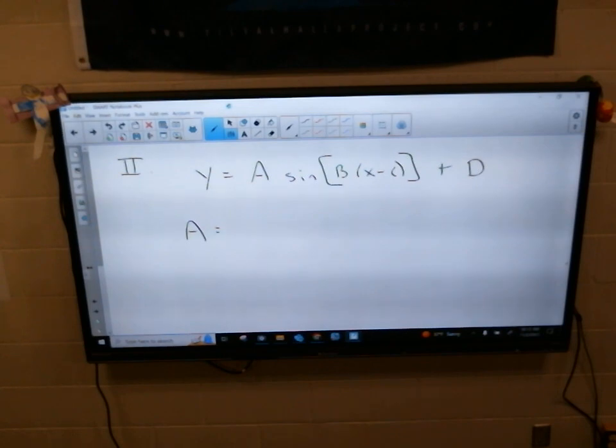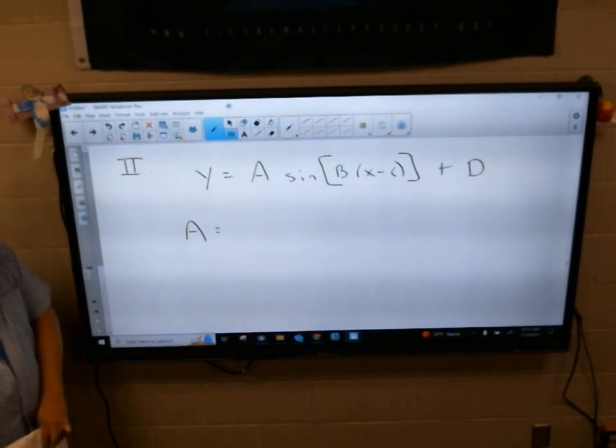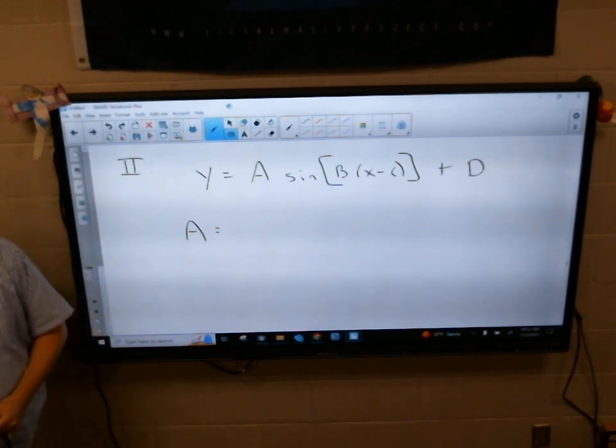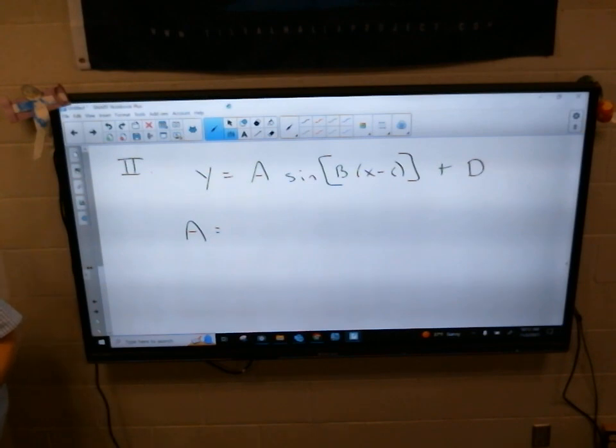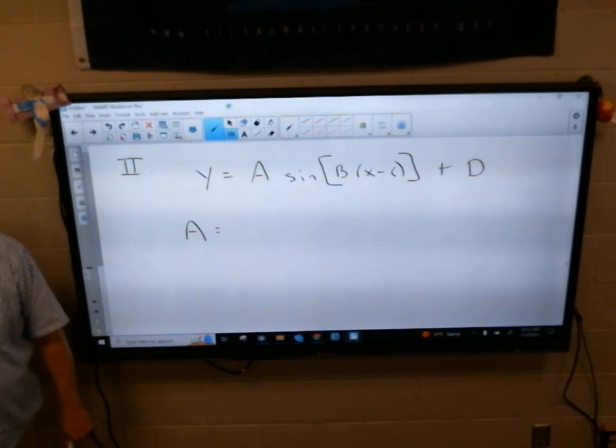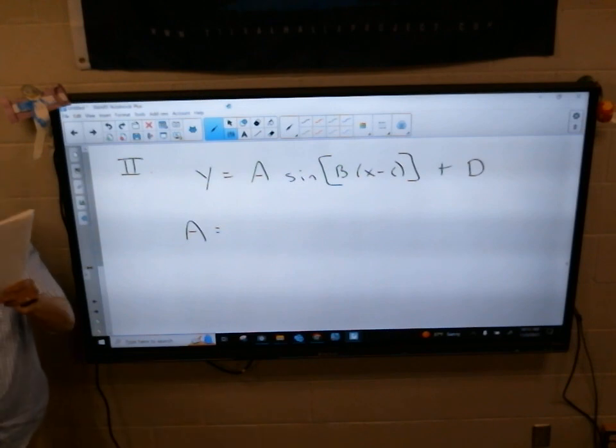What did that a tell us? If it's up or down, and what else? It tells us if it has a maximum or minimum. Well, it's either positive, it goes up, negative, it goes down. That's either a maximum or minimum.